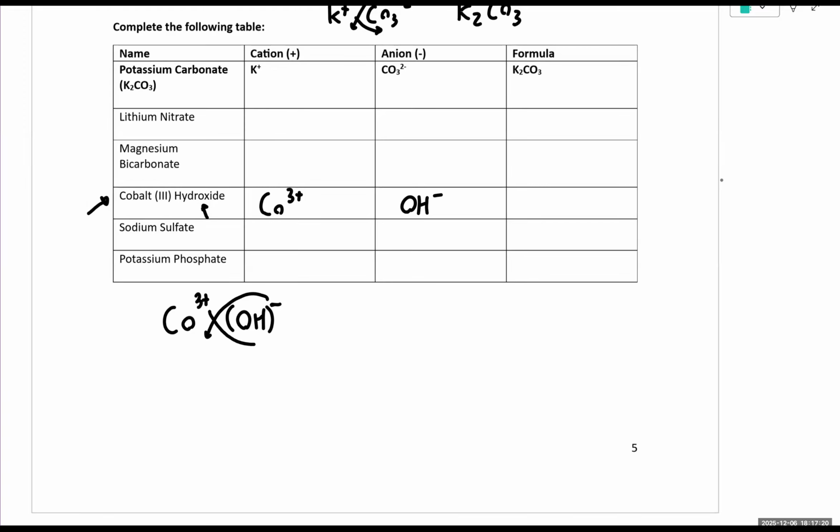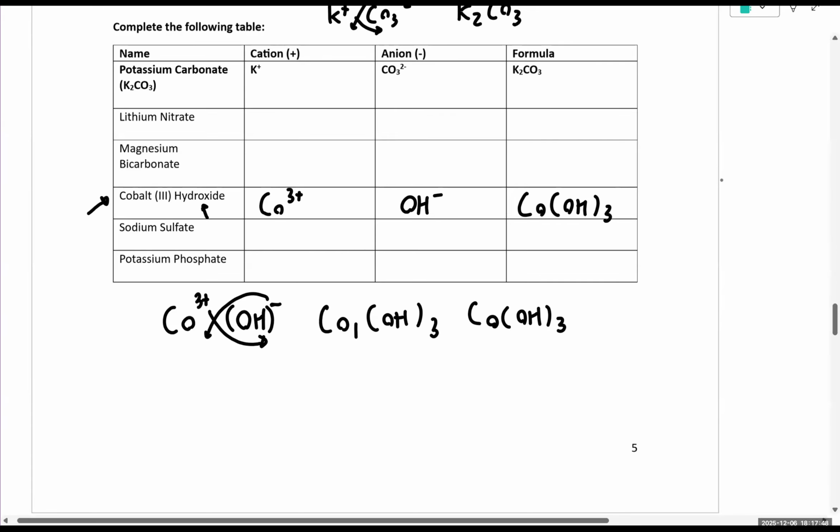From here, we cross the charge into the corresponding atom's subscript, and that gives us cobalt with 3 hydroxides, or a formula of Co(OH)3. Remember, this subscript applies to the entire polyatomic ion. Very important to keep in mind. So this would be the formula for cobalt(III) hydroxide. With these examples in mind, I'd like you to complete the rest of this table independently before you turn in your report sheets.